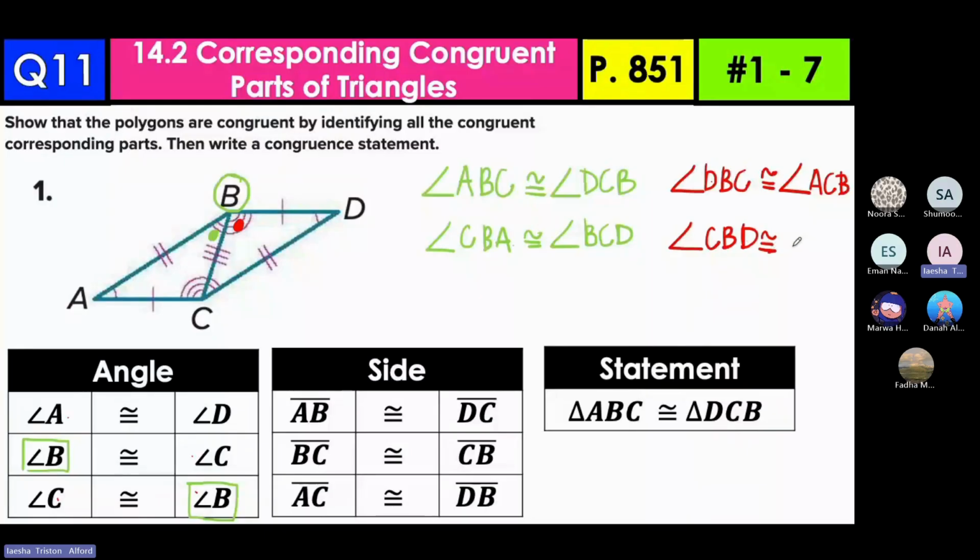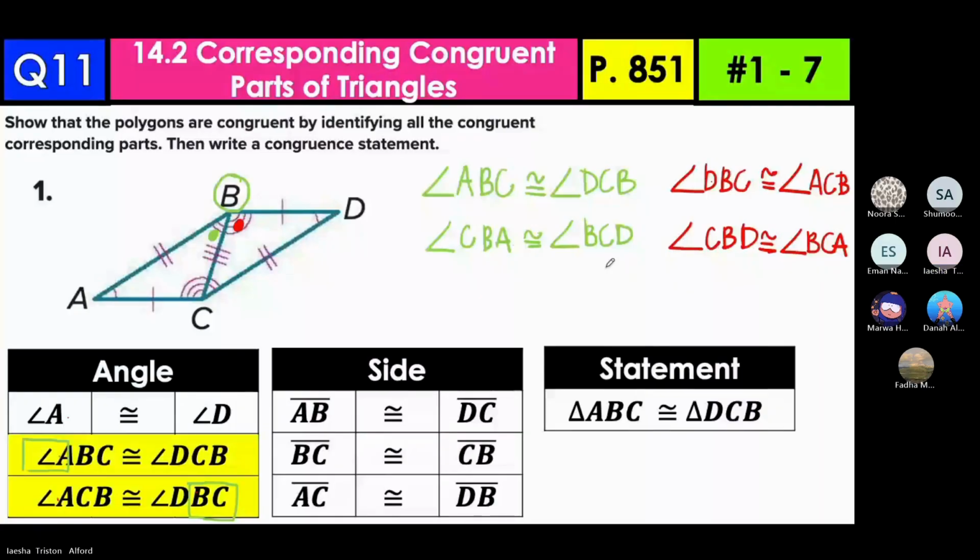Angle CBD matching with what? BCA. B, C, A. So that's the only thing I have to tell you about number 1.